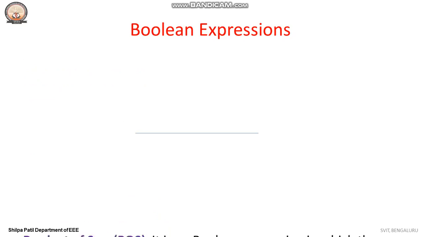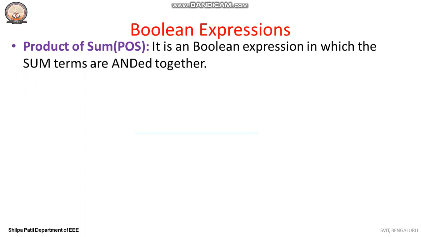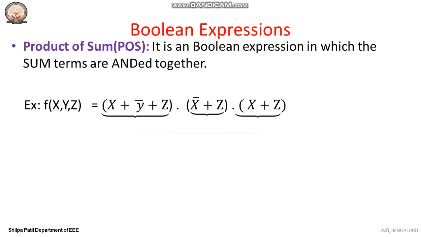Similarly, we have product of sums. POS means the sum terms are ANDed together. It is a Boolean expression in which the sum terms are ANDed together. We can take an example here: f of x, y, z. So x plus y bar plus z is one sum term, x bar plus z is another sum term, and x plus z is another sum term.